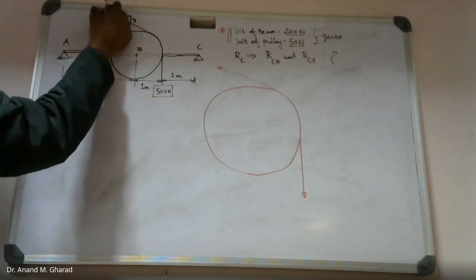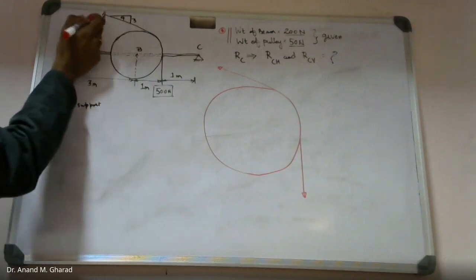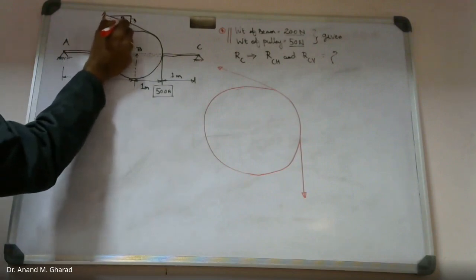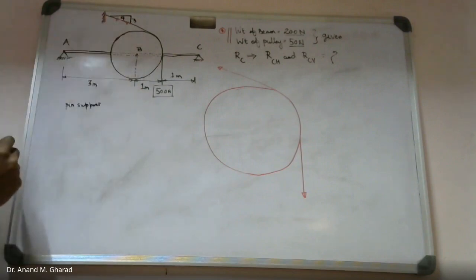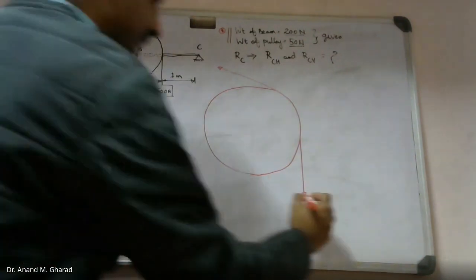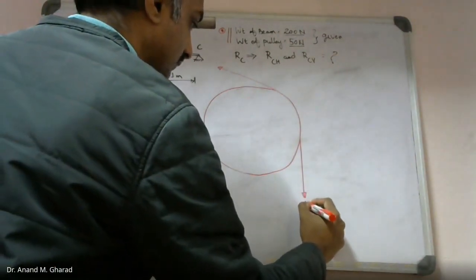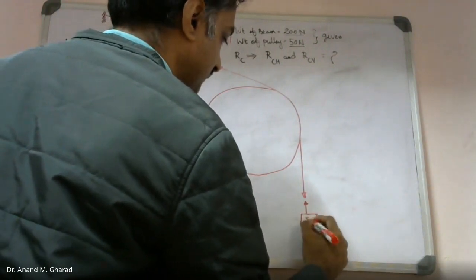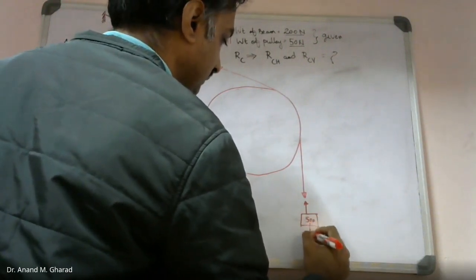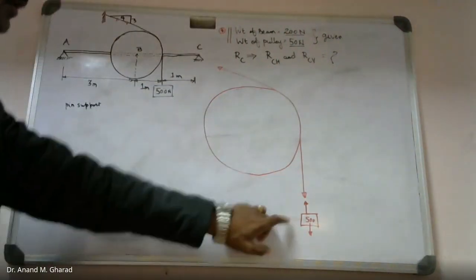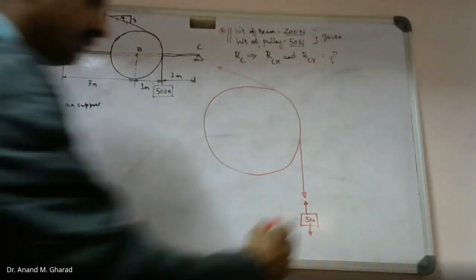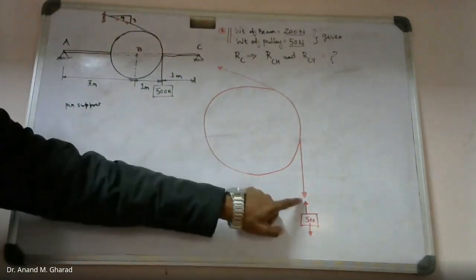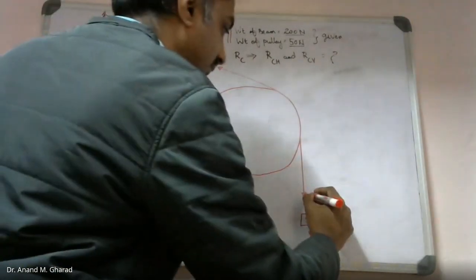Because this end of the rope is connected with the help of a fixed support, so tension force will be developed. Fine. This is how much? 500 Newton. So as per this free body diagram, what will be the value of this tension force over here? How much? 500 Newton. It will be 500 Newton. Okay.